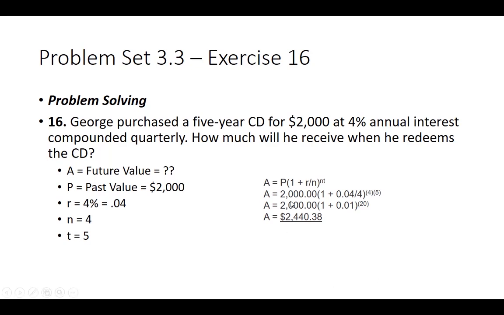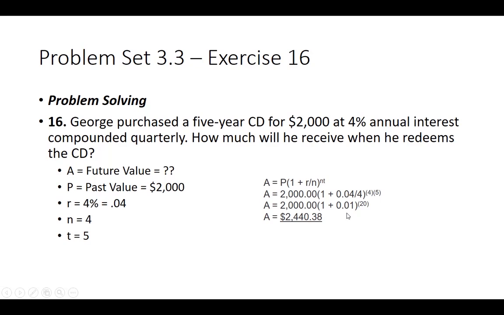Plug in everything we know into our formula. What do we do first? Take care of the exponent. That's correct. 4 times 5 is 20. What do we do next? The division. That is correct. 0.04 divided by 4 is 0.01.